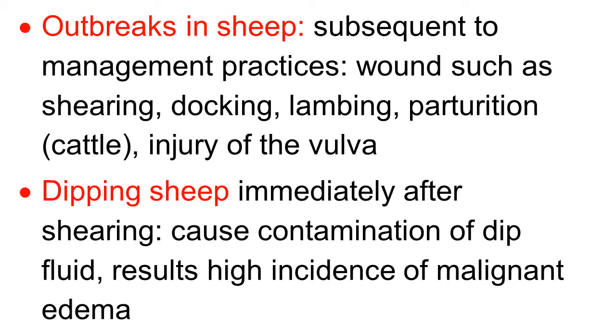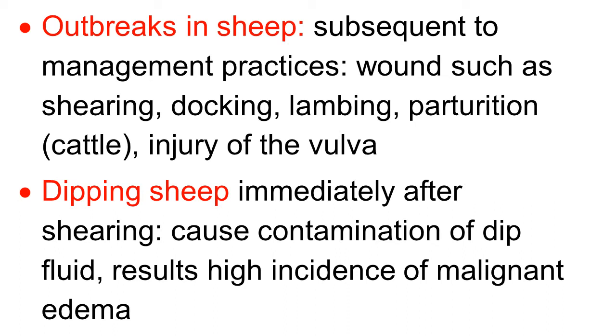Malignant edema generally occurs sporadically. Sometimes outbreaks are observed in sheep, due to subsequent management practices involving many animals, such as wounds caused by shearing, docking, lambing, and parturition in cattle, injury to the vulva.